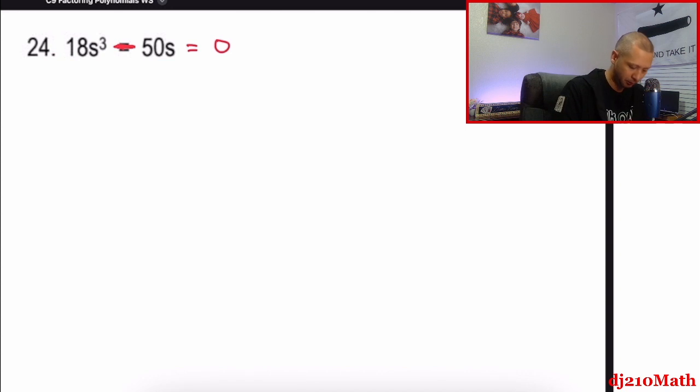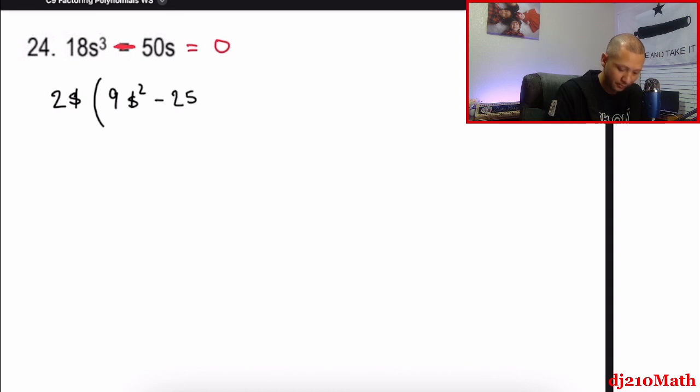Yeah, taking out a 2 and an s. So 2s. What's left behind? 9s squared minus 25 is equal to 0.